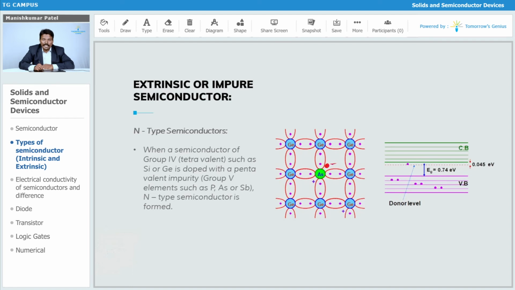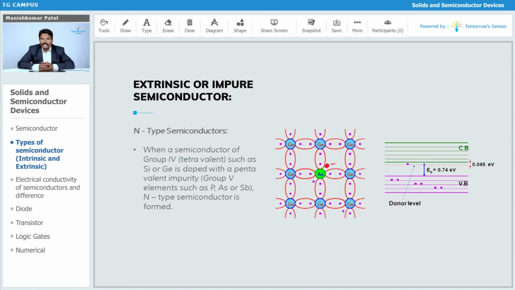Since this is a free electron, you just need to provide a small amount of energy and it will become free. Likewise, a large number of free electrons are available, because of which the current mainly flows because of these free electrons. So the majority of carriers are nothing but electrons.